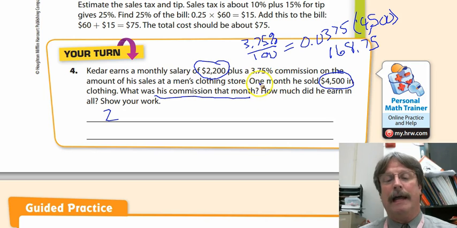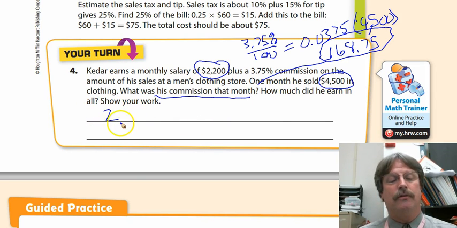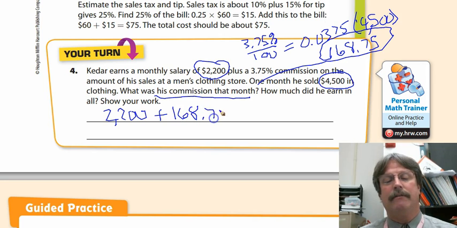Okay, so I answered that question right here. All right, I would expect you guys to be just a little bit more neater. And how much did he earn in all? So I have to add those two values together, 2,200 plus the $168.75. So, and then, okay, so I'm going to let you find out what that final answer is.